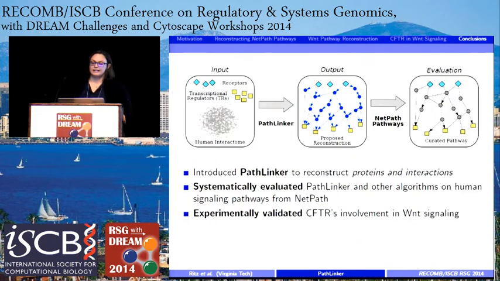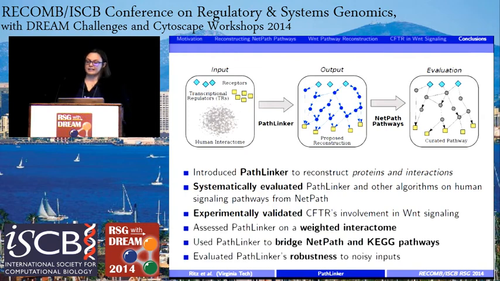So to conclude, I've talked about PathLinker and how it can reconstruct proteins, and more importantly, it can actually do a pretty good job reconstructing the interactions of signaling pathways. I presented this quantitative evaluation of PathLinker and other algorithms on signaling pathways from NetPath, and I've shown some experiments about CFTR's involvement in Wnt signaling. There are a number of things that I didn't have time to talk about that we've done in the paper.